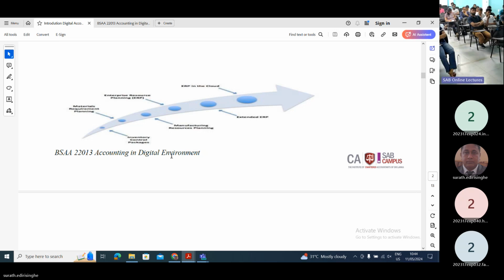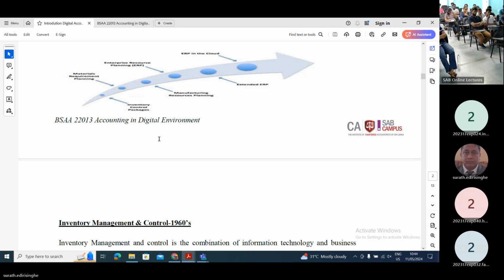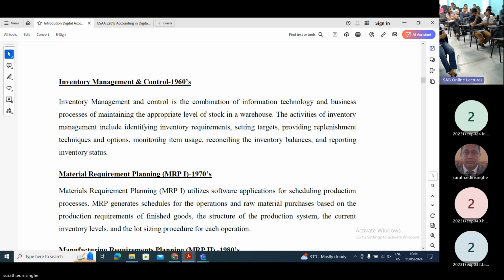This is the development of ERP technology. Now we'll go one by one. Read the first thing, inventory controls and management.